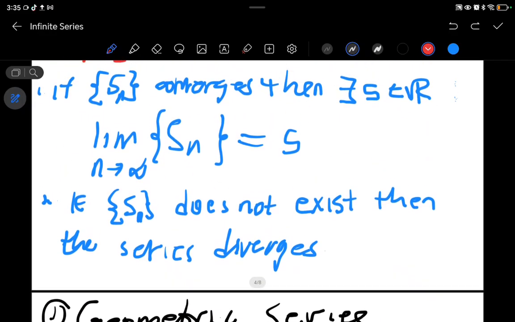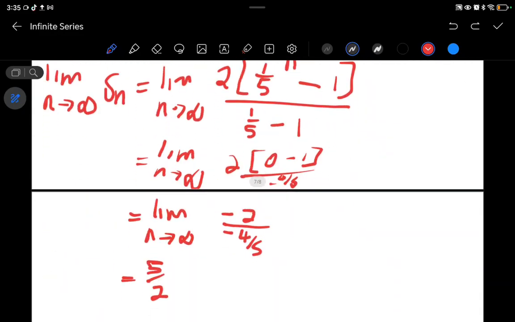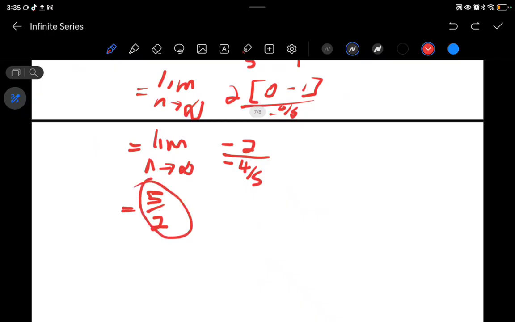So remember this says that if the sequence of series Sn converges, then there will exist an S as an element of R such that this will be the case. So we're interested in finding that S. Even though we knew that it would converge, now we know that it converges to 5 over 2.